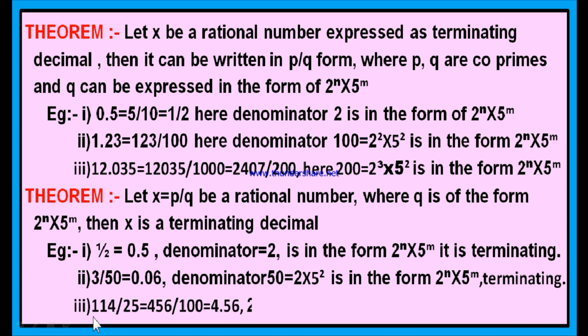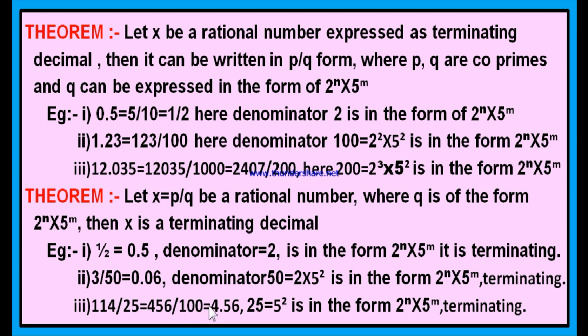And the third one, 114 divided by 25. Let us multiply both numerator and denominator by 4 in order to convert it into a decimal number. Now 4 into 114 is 456, and 4 into 25 is 100.